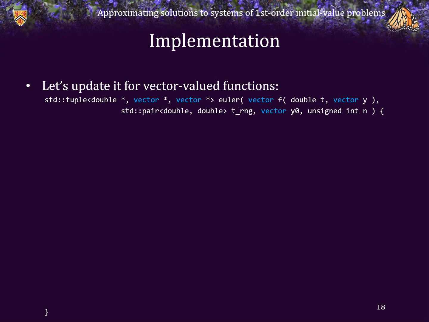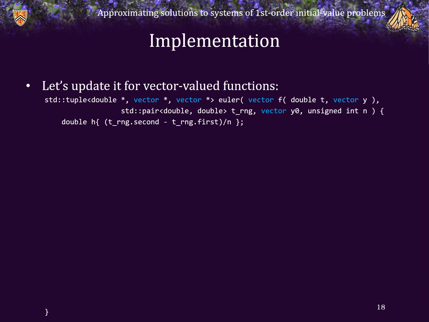The first parameter is a function pointer that takes a double as a first argument, the t-value, and a position vector as the second, and it returns a vector presumably of the same dimension. The time interval is left unchanged. It's a pair of doubles, but the initial value is now a vector. And of course, we have the number of intervals into which we are breaking this larger interval.